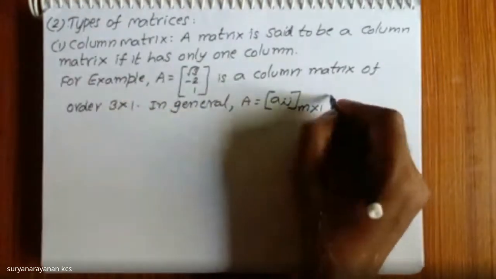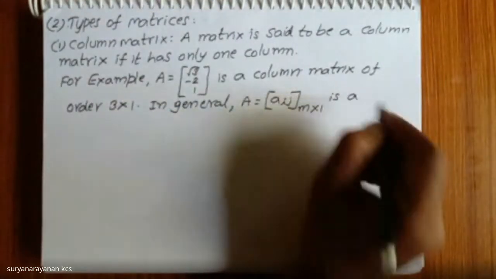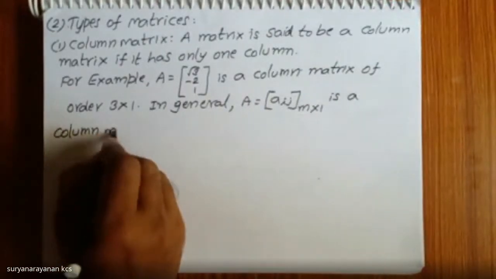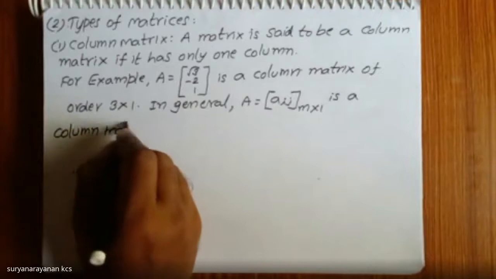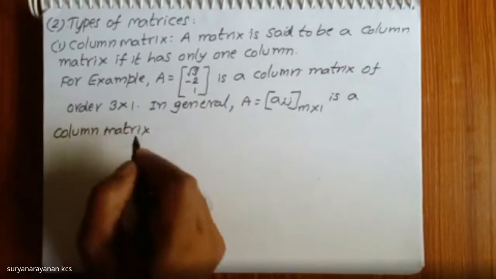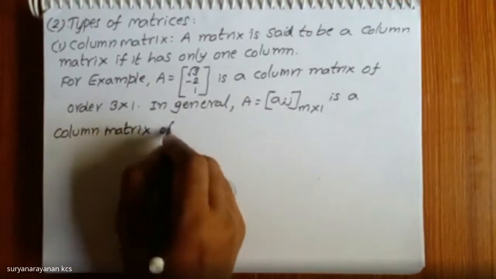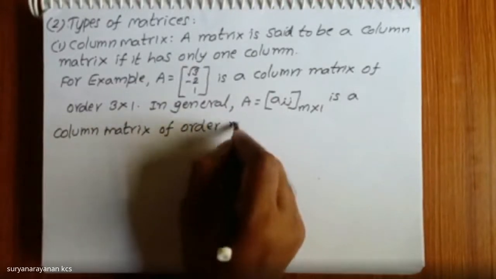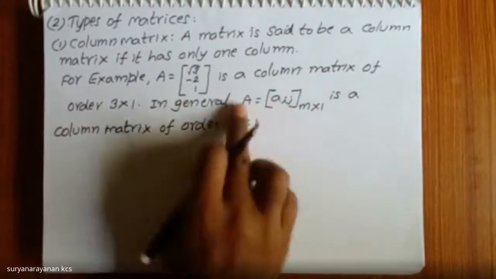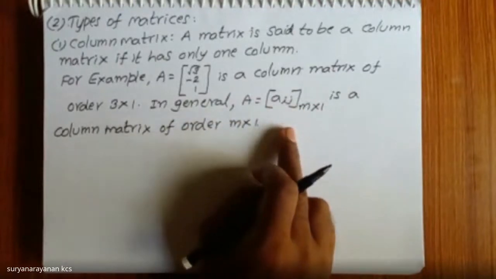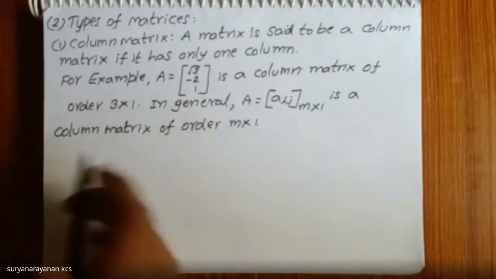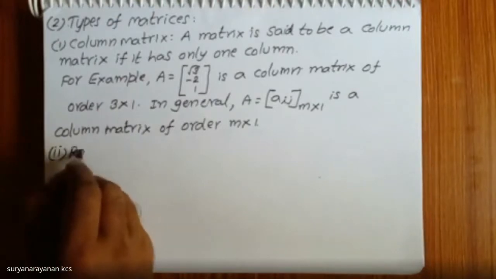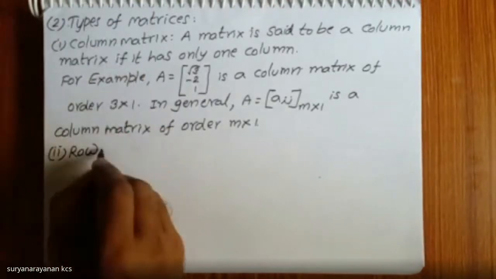It is a column matrix of order m by 1. This is the general form of a column matrix. Okay, my children. Similarly, we define a row matrix.